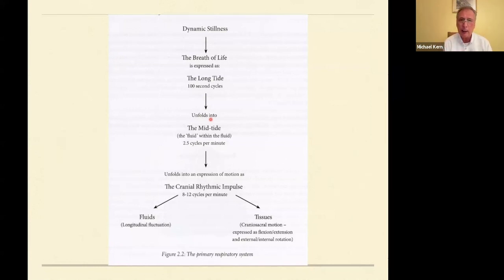And the understanding that we have is that as these vital forces of life, as the breath of life, become manifest at an individual physiological level, it generates another rhythmic movement, which is a faster movement, an average of around 2.5 cycles a minute, which has become known as the mid-tide.